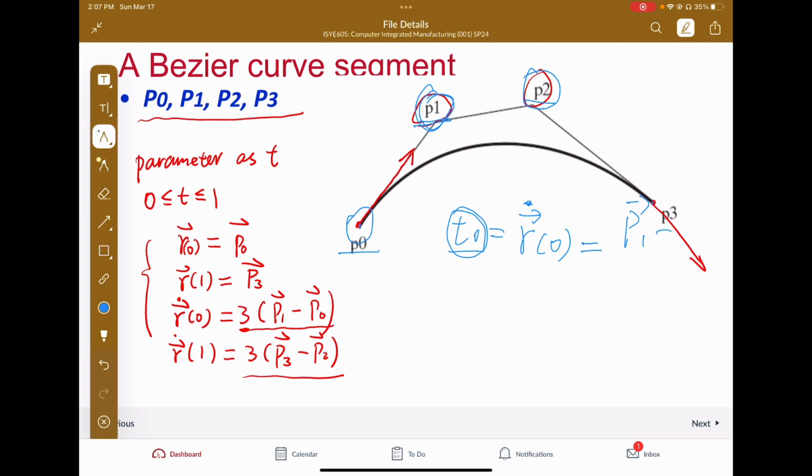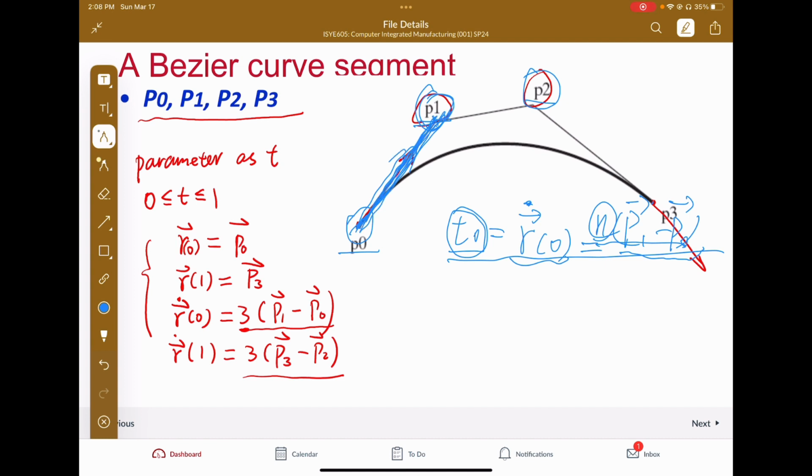The tangent at P0 equals n times (P1 minus P0), where n is the order. So this equation tells you that the tangent going through the first point has the same direction as the line between point P0 and point P1.